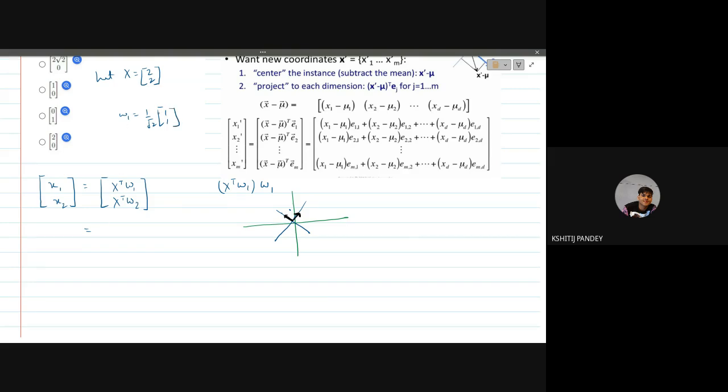On taking the dot product, this will be 1 by root 2 into 2 plus 1 by root 2 into 2. So you get root 2, and here also you get root 2, so this is equal to 2 root 2.